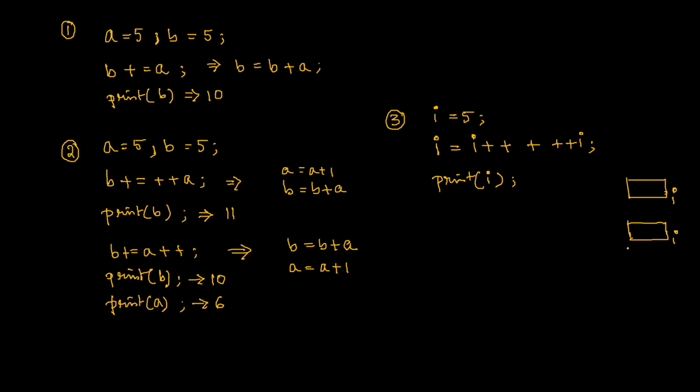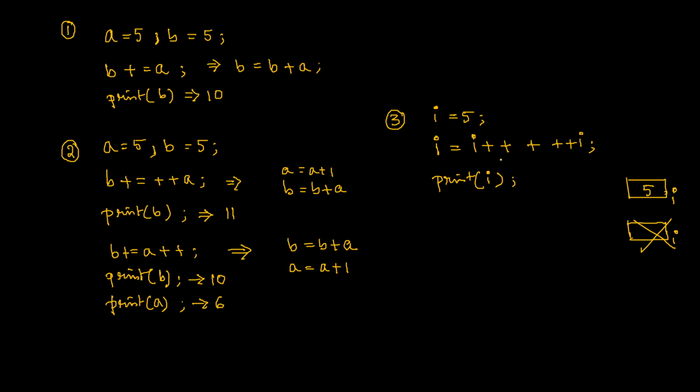So there is only one location whose value currently is 5. I don't know what the address is; I know it with respect to the variable name. That's why I have written it in this way, so I've written it's 5.